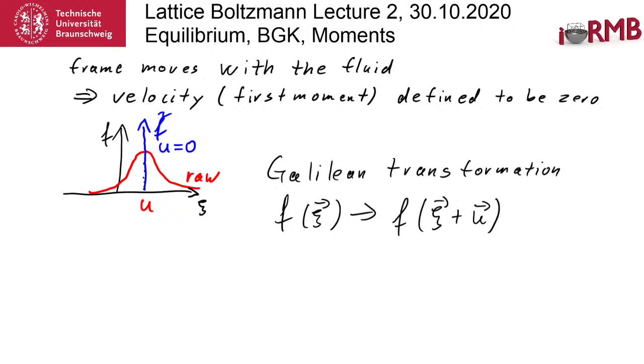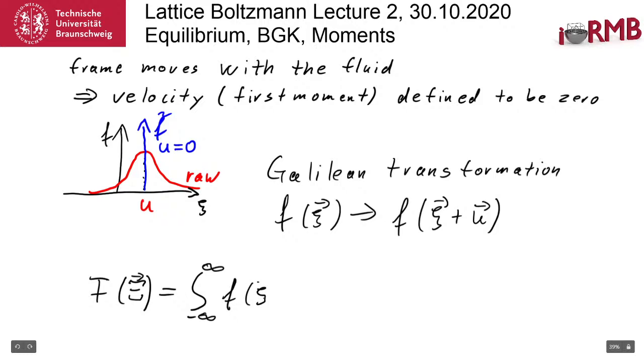If we then look at our distribution, the Laplace transform of the distribution, which is also called the characteristic function, we integrate this, and we have xi plus u, e to the power of i xi times capital Xi, integrated over Xi.